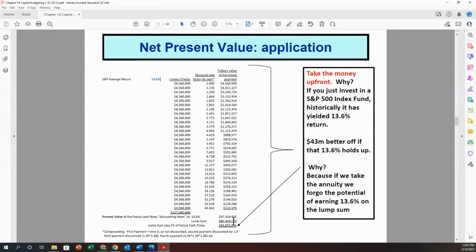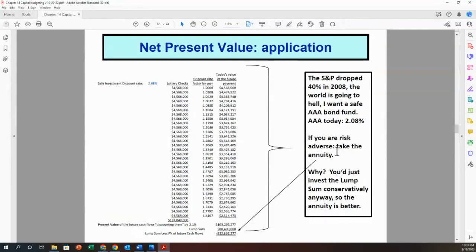So in other words, the logical thing for me to do is to take the 80 million, invest it, hope that I get 13.6%, and I'm going to do way better than just taking this 4.5 million every year, even though I'm going to receive less actual money, because I've taken account of the time value of that money.